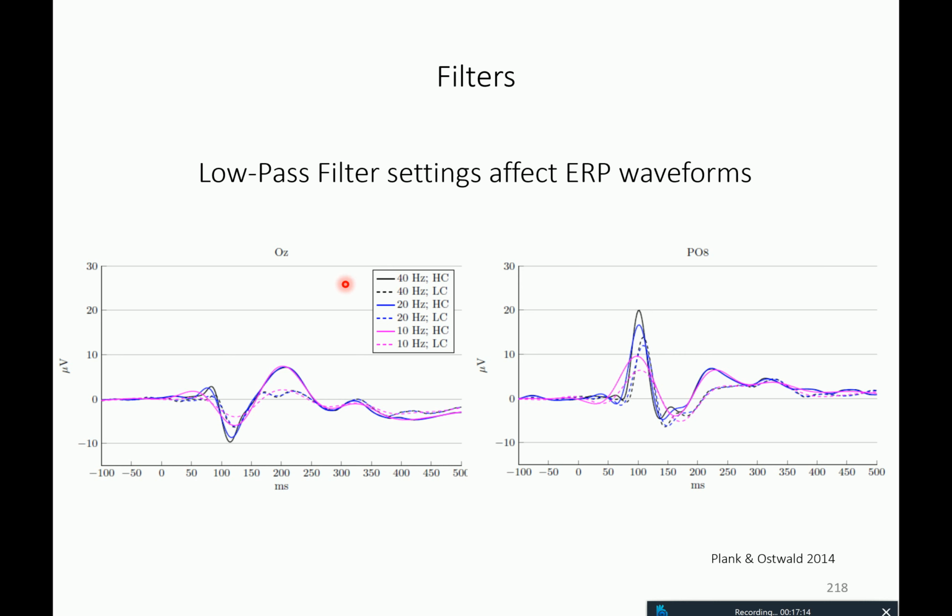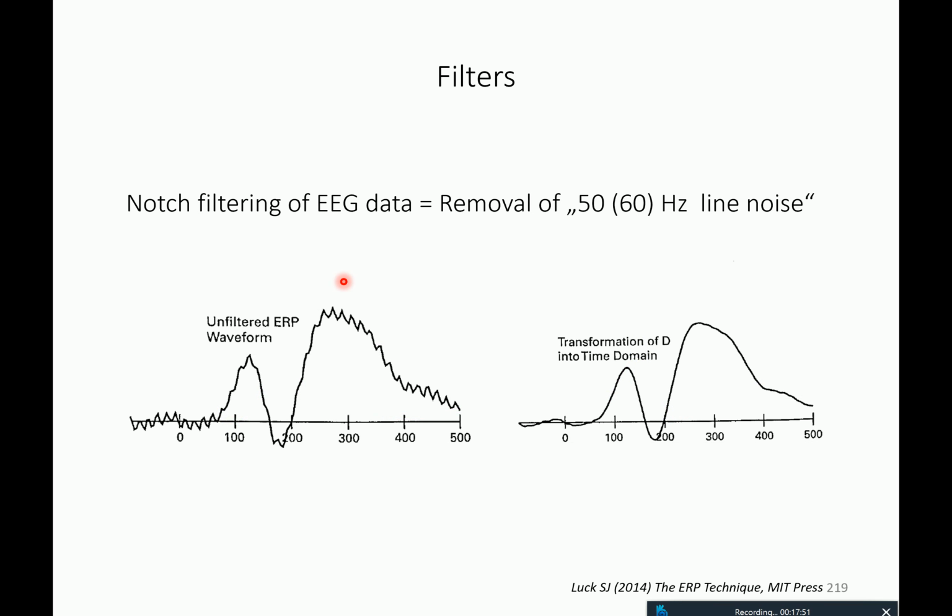If you're interested in event-related potentials, then there's nothing wrong with using a 40 hertz low-pass filter. If you're interested in frequency power spectra and so on, then you might not want such a low cutoff for your low-pass filter. Notch filtering of EEG data is used for the removal of 50-60 hertz line noise.